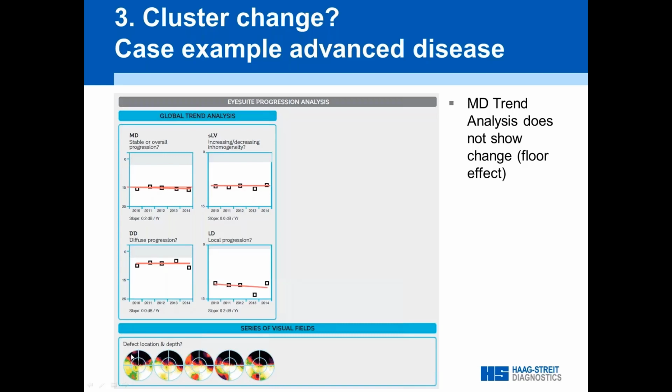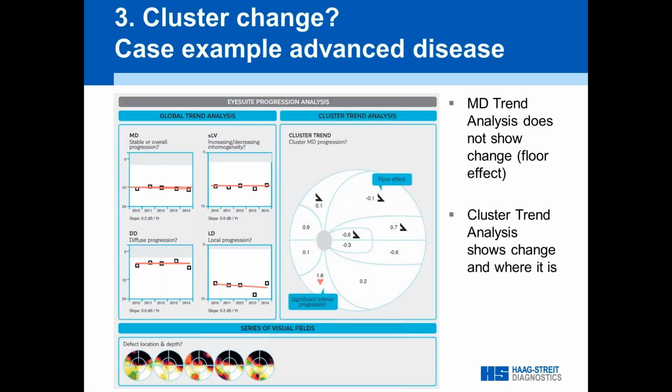But because a large part of the MD is just not moving anymore, because of a floor effect, it's hard to see. And here again, a cluster analysis is really helpful, because it tells you, well, these areas of the field are kind of gone, but you have clear progression here.